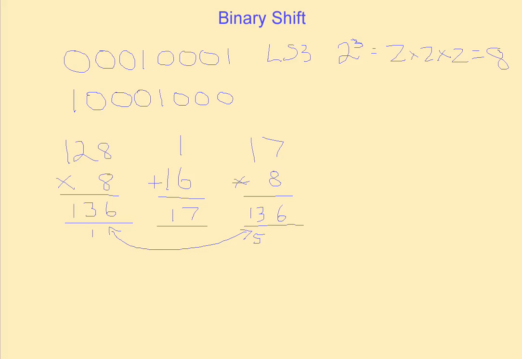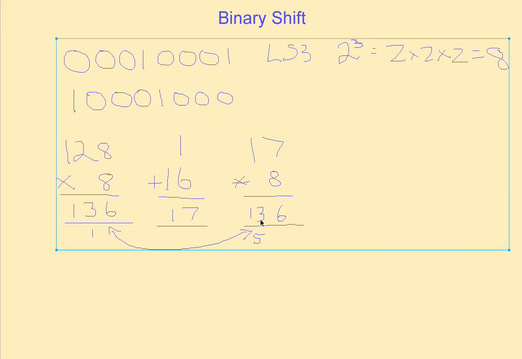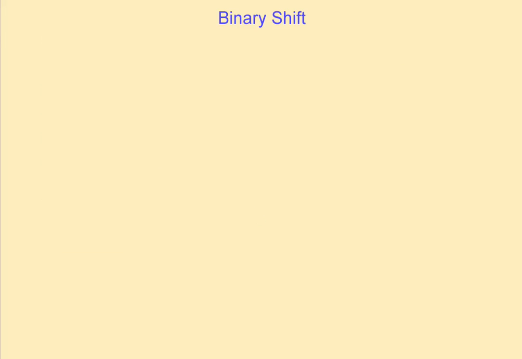So let's have a look at this. This points to a very powerful pattern when we apply binary shift. If I have a left shift of 1, that means I'm multiplying by 2 to the power of 1, or in other words, I'm timesing it by 2.